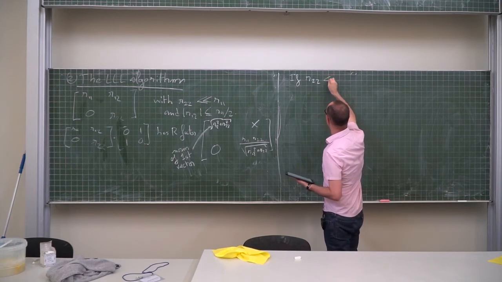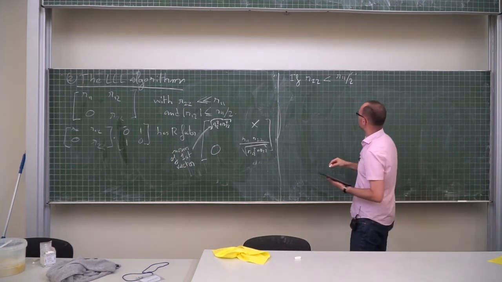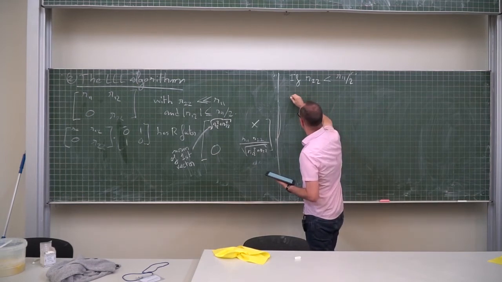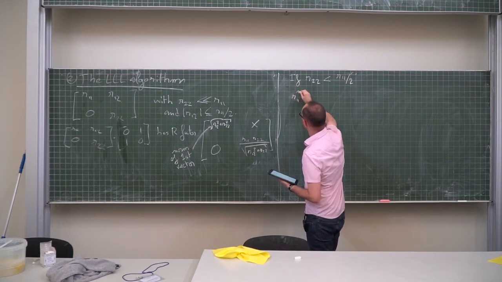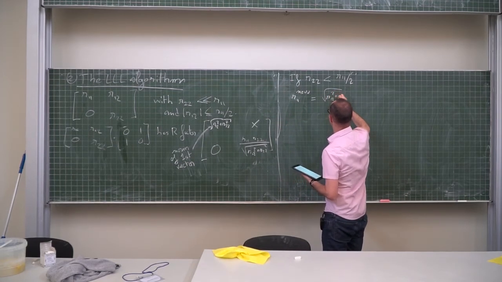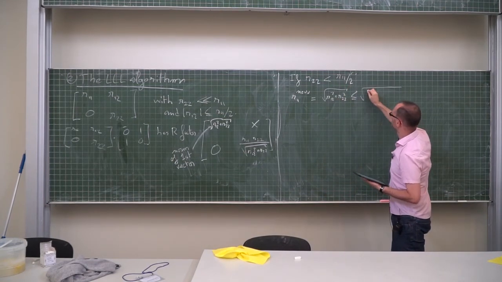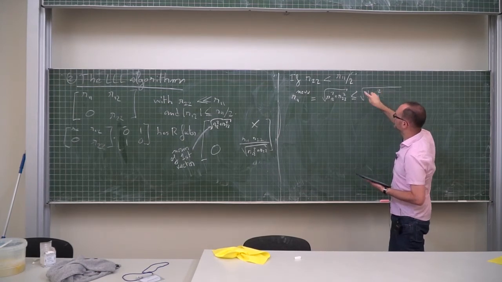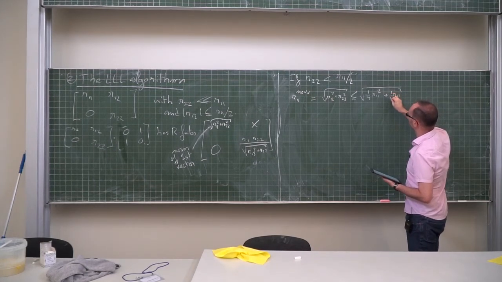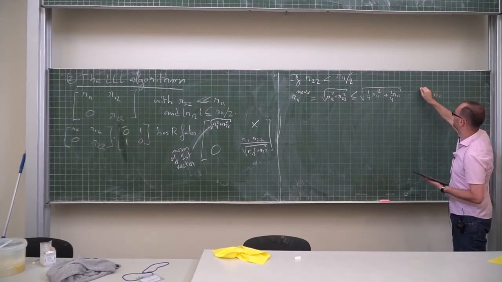So if R22 is smaller than R11 divided by 2, for example, I end up with the new R11 equal to the square root of R12 squared plus R22 squared, which is smaller than the square root of a quarter of R11 squared plus another quarter of R11 squared, which is R11 times 1 over square root 2.